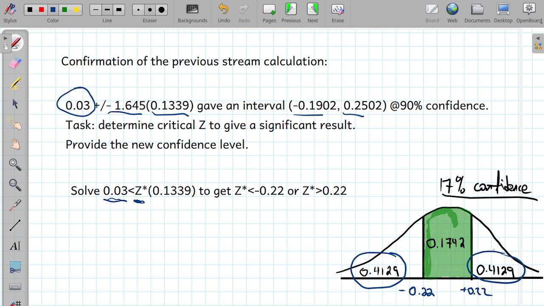So the remaining value, 0.1742, constitutes the center, and that's our confidence region, which is for all intents and purposes 17% confidence. So we did it right yesterday. It was just a matter of, well, when you have two different answers, you have to do it the third time to find out which one's correct. Okay, that's enough of that. Let's move on.